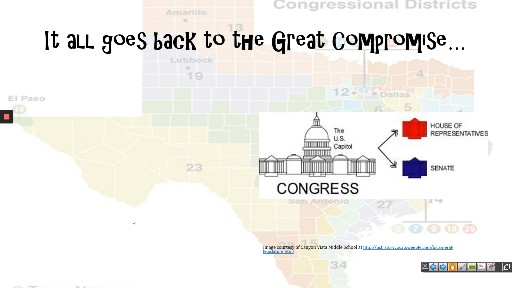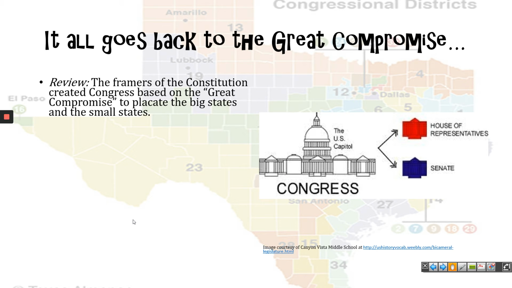And it all goes back to the Great Compromise. I'm going to ask you to think back to 8th grade history for a minute. If you remember, when the Founding Fathers went to the Constitutional Convention in 1787, they had a big controversy and a big disagreement as to how the legislative branch was going to be configured.